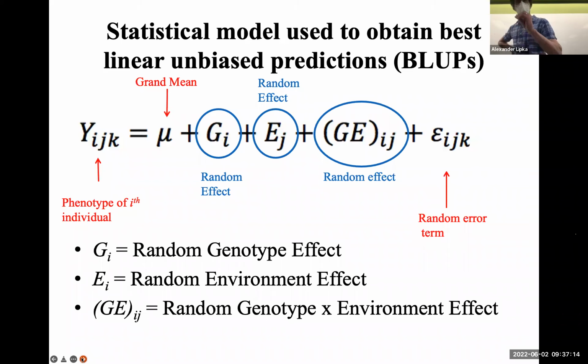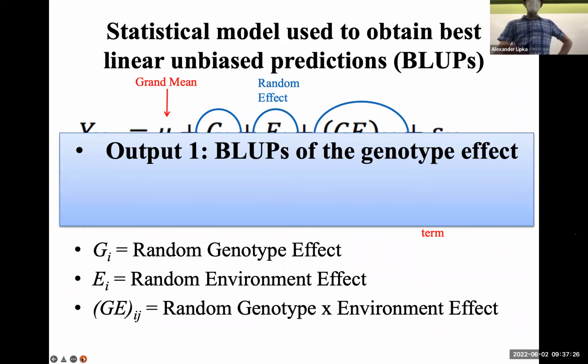So imagine we fit this model to our multi-environment data of genotypes. The output that we'll get from this is a BLUP, best linear unbiased predictions of our genotype effect.